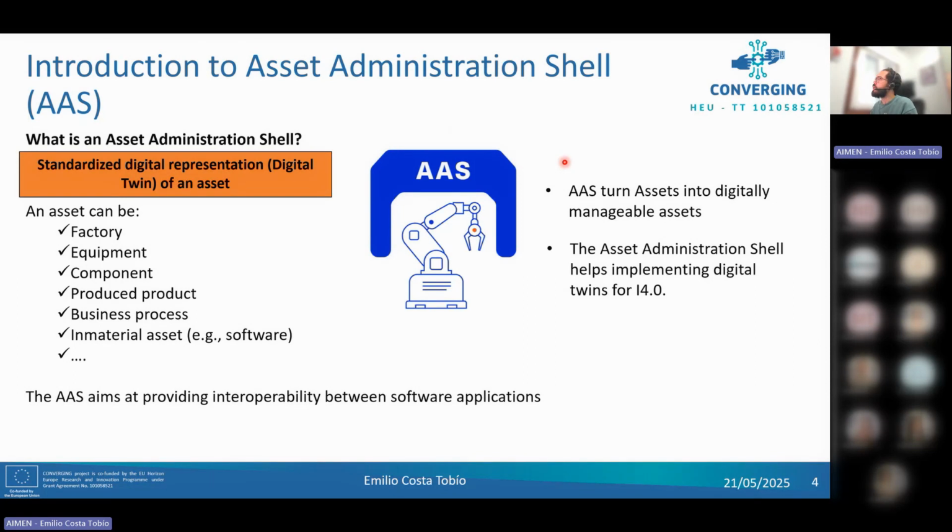The idea of the AAS is to turn these assets into digitally manageable assets, so we can work with them in the digital world and establish its relationships. And so implementing the digital twin using this method. The main objective is to provide interoperability, especially between software applications.